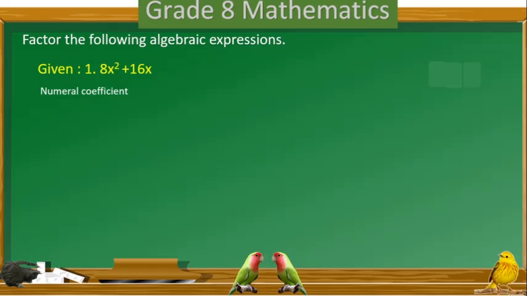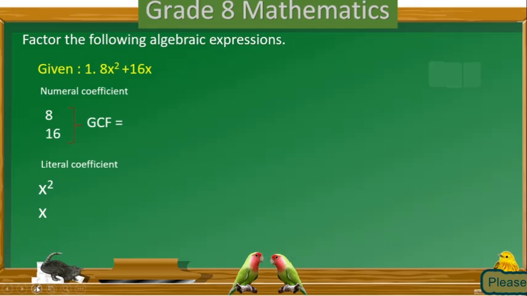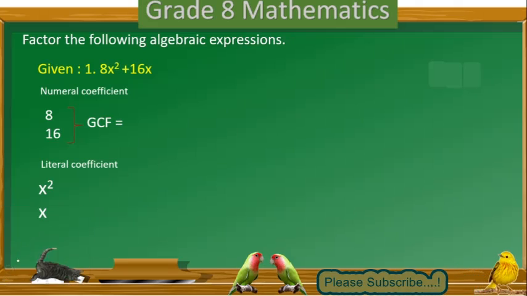From that, we have 8 and 16. And our literal coefficients are x squared and x. To find the GCF, we must first do a factorization of our numerical coefficients.